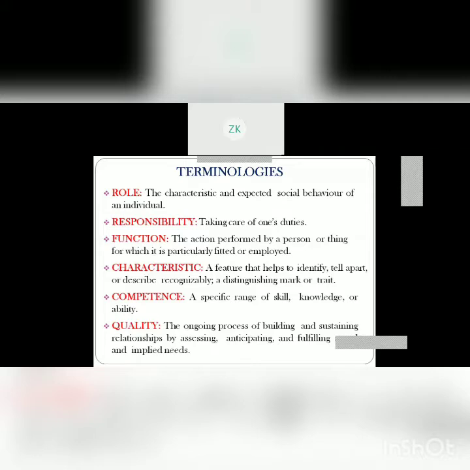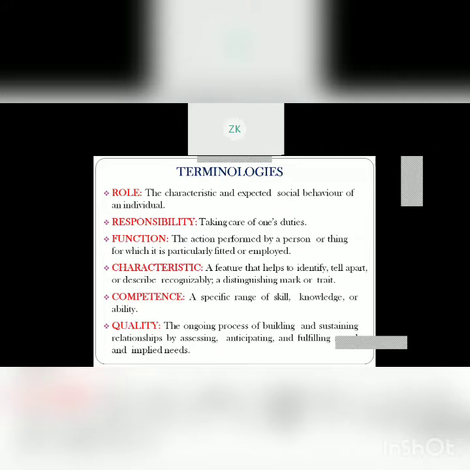And then characteristics, these are a quality or a feature of a person, place, or thing that helps to identify, tell apart, or describe recognizably a distinguishing mark or trait. And then competence, it is our ability to do something efficiently.